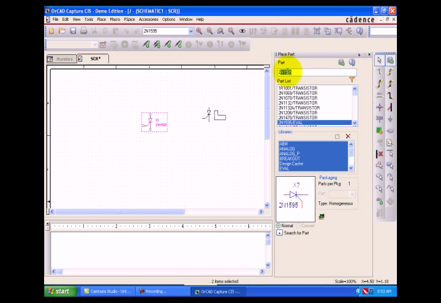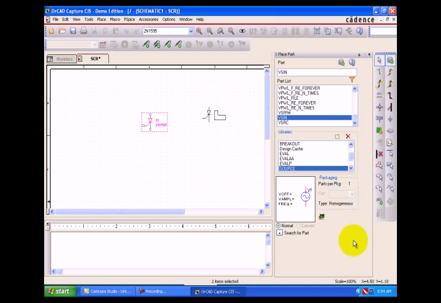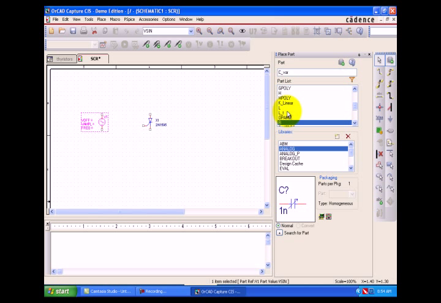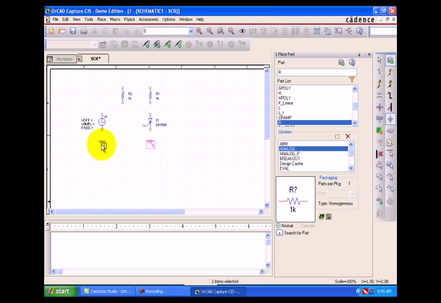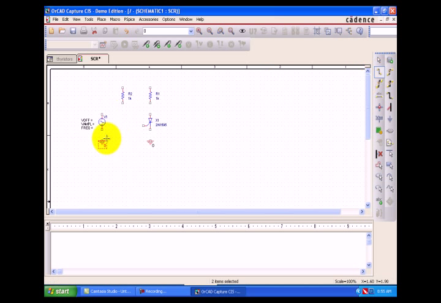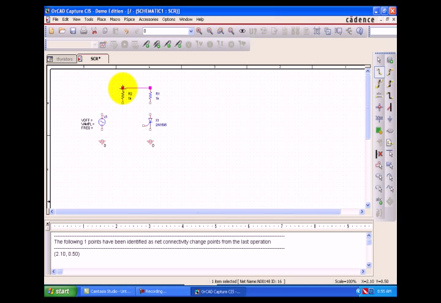That's an SCR with anode, cathode and a gate. Connect the gate to R bias, and the cathode to ground. Let's supply the V source. Connect the resistance RL, give the ground to the source, and connect the components.